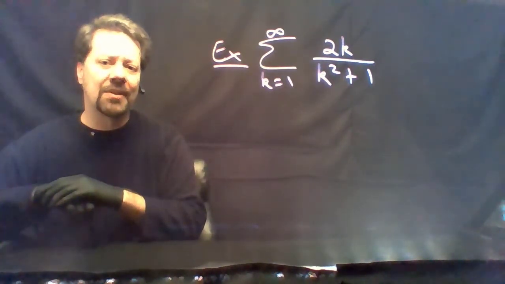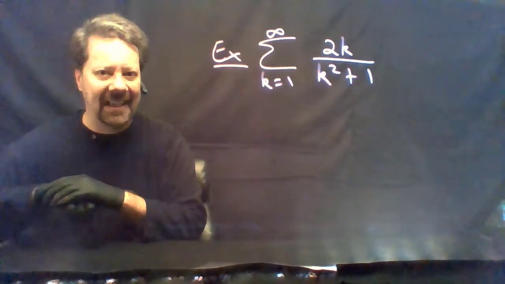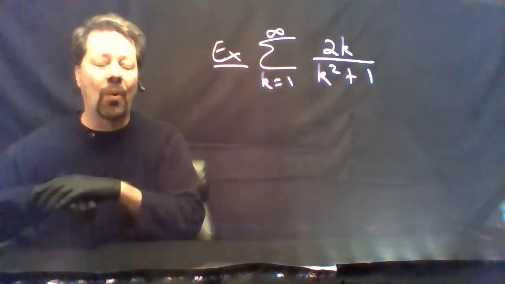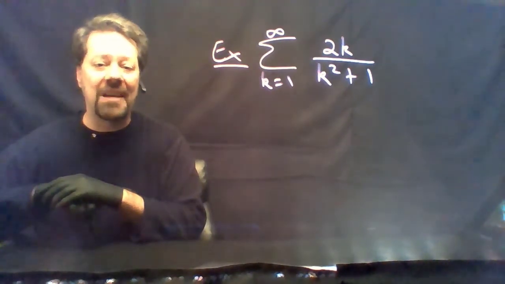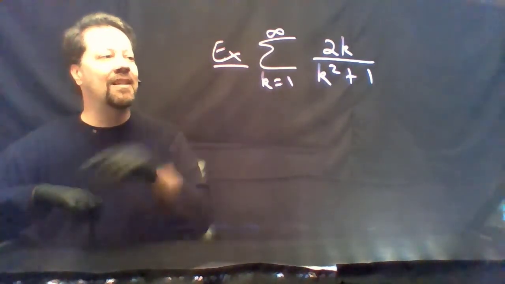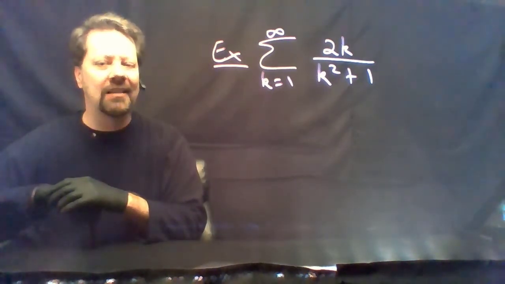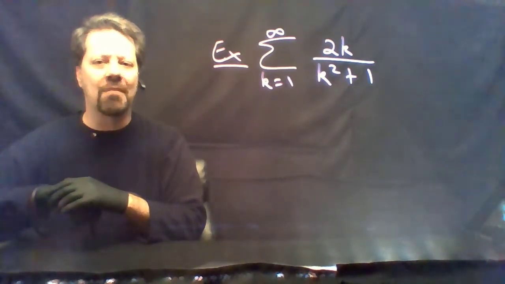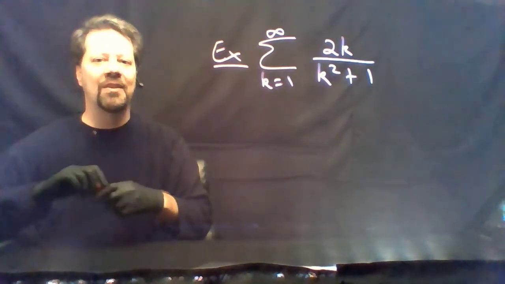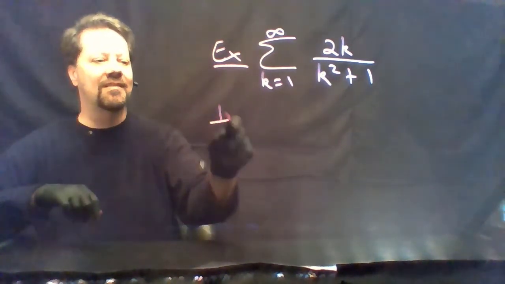That means you get 2 times the sum of just 1 over k. But 1 over k is the harmonic series, and you know the harmonic series is famous for diverging. So you suspect this series, when k gets big, should behave a lot like the harmonic series and should diverge. We will prove this using the integral test.